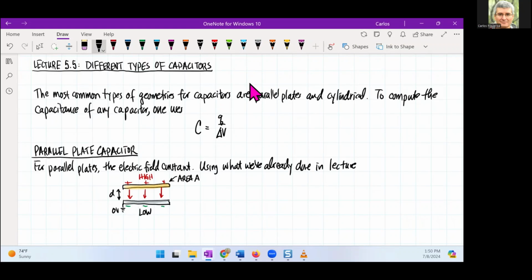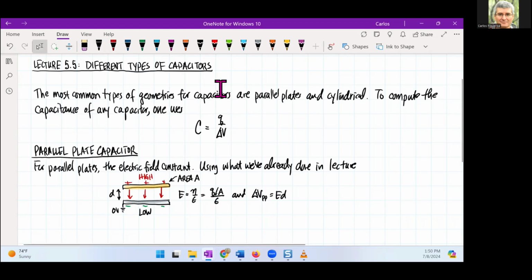So if we look at the E field inside, we've already shown that this guy was eta over epsilon, which is also Q over A divided by epsilon. And if I look at the voltage here, the voltage of the parallel plates is then going to be the electric field times the plate separation.